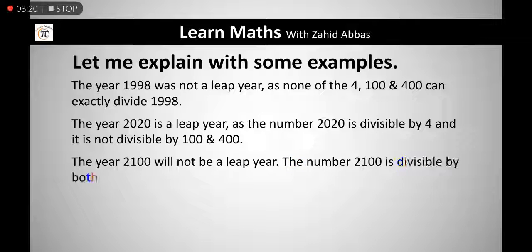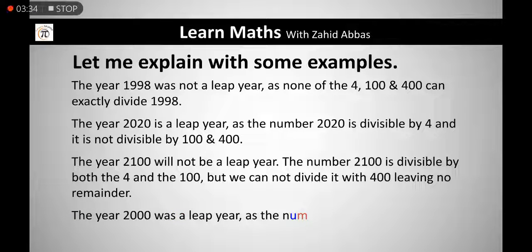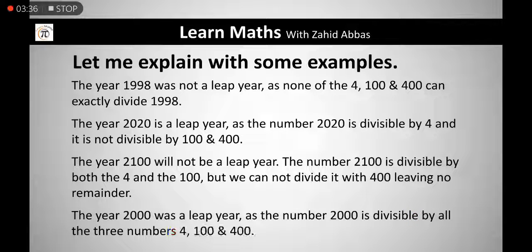The year 2100 will not be a leap year. The number 2100 is divisible by both the 4 and the 100, but we cannot divide it with 400, leaving no remainder. The year 2000 was a leap year as the number 2000 is divisible by all the three numbers 4, 100 and 400.